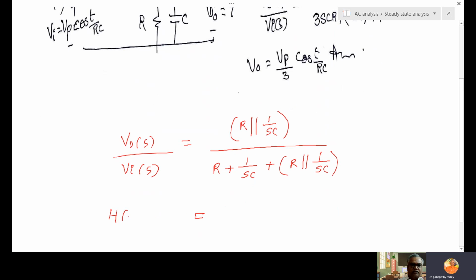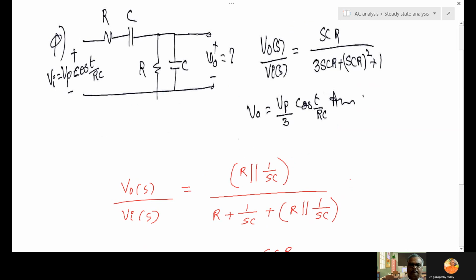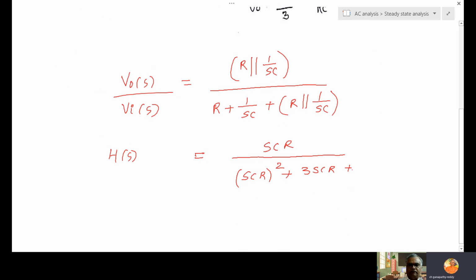This is nothing but H of S. So you will get SCR by SCR square plus 3 SCR plus 1. I am not simplifying it fully; just simplify 3-4 steps, then you will get this.